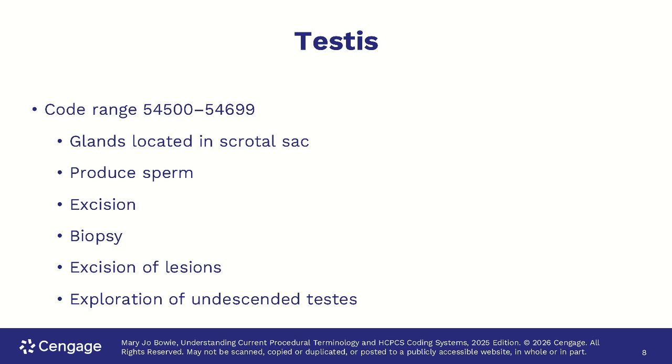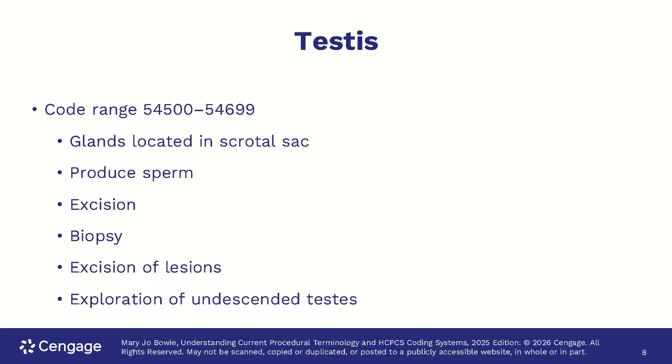All right, so codes that you see over here are for circumcisions, incision, repair, and introduction. The testes is next. These are glands located in the scrotal sac that produce sperm, and they're also referred to as testicles. I think that's probably the more common name that you hear. So the excision codes begin this subcategory.